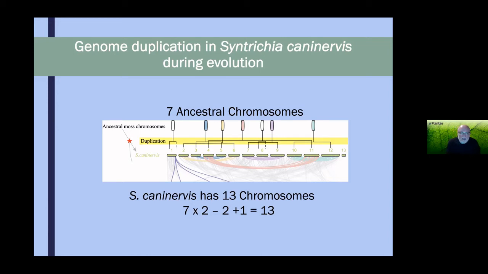Actually, what's dropped off of this diagram is that we compared it also to Physcomitrella patens, the best sequenced moss genome. Actually, it's called something else again now, Physcomitrium. But it has a second duplication, so it's twice that.